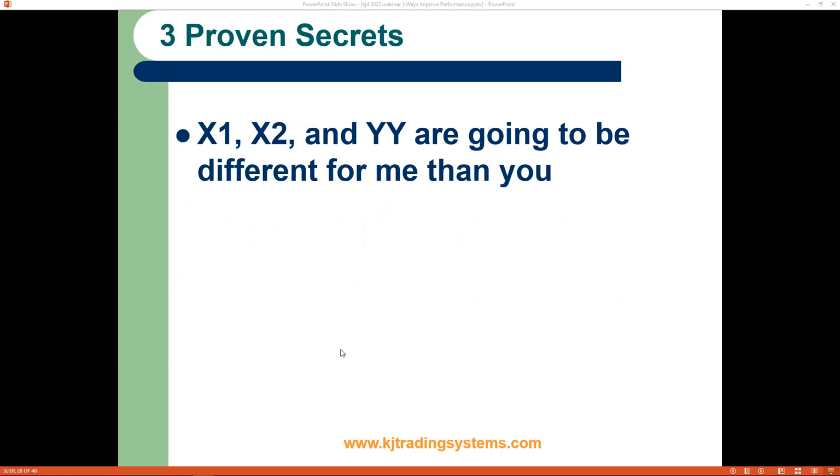So I gave you some values to use for that first secret. For the second and third one, if you do it yourself, they're going to be different than what I use, because you're going to do things a little bit differently. But you should take 50 to 100 strategies that you have where you have some real-time performance. And if you don't have that many strategies, well, you've got to do some work and get them.